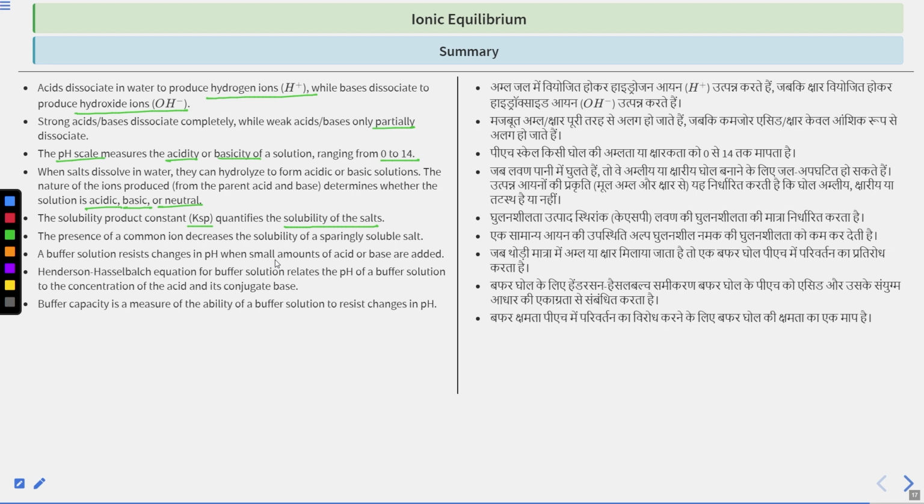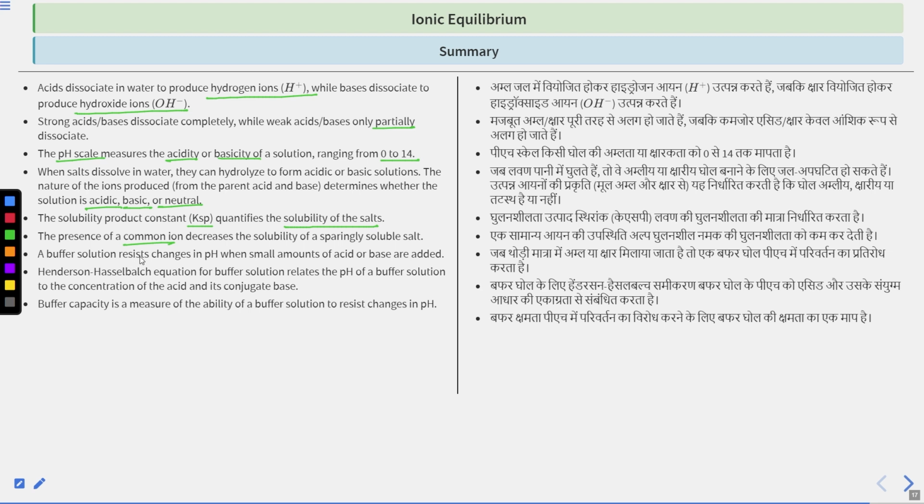So the solubility product constant tells us the solubility of that particular salt. The presence of a common ion decreases the solubility of a sparingly soluble salt. We have studied this, right? If the common ion is present, then it decreases the solubility of a sparingly soluble salt.